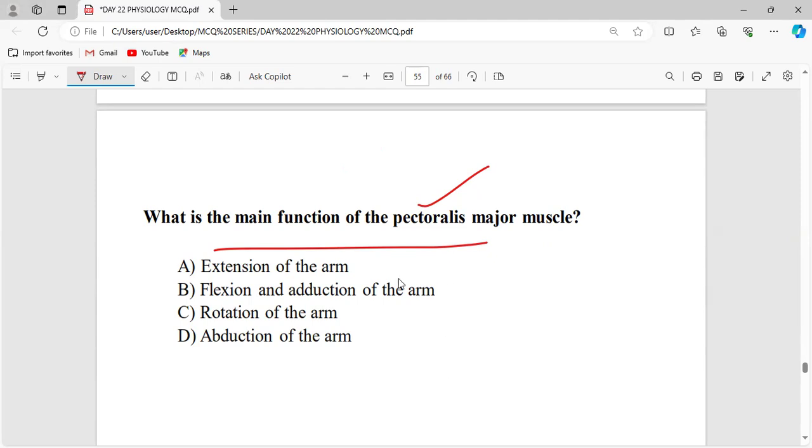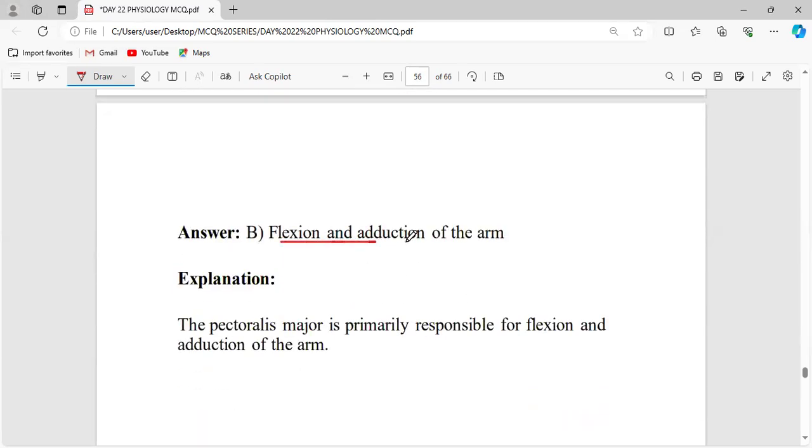And just tell me where exactly this pectoralis major is present. It is supporting the chest wall. Okay, right? Flexion and adduction of the arm. This is the function done by the pectoralis major.